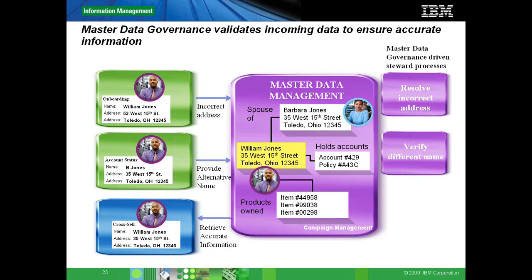The bank officer is also able to verify different names of Mr. Jones and what is provided during the account status check process as against the account opening process. And he can also mark B. Jones as an alternative name for the same customer in the MDM system.